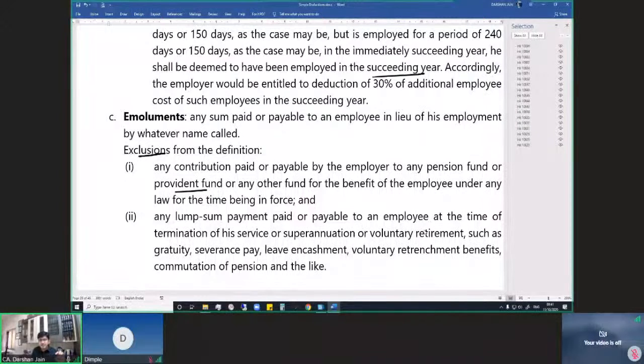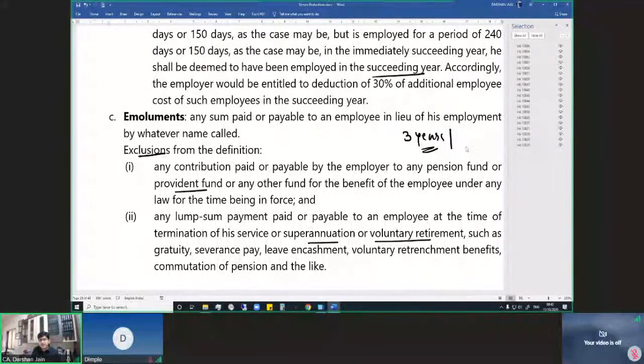Any lump sum payment made to the employee on voluntary retirement or superannuation would also be excluded. Understand, 30% of the additional employee cost is available for 3 years, including the year in which the additional cost was incurred for the first time. So it is 3 years.